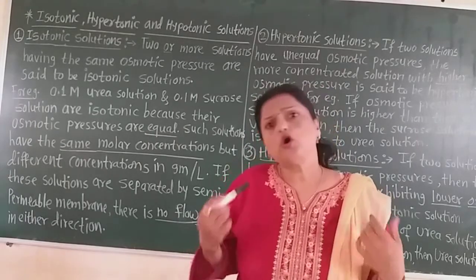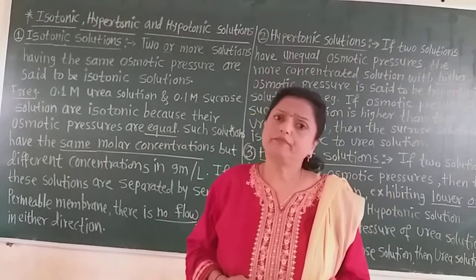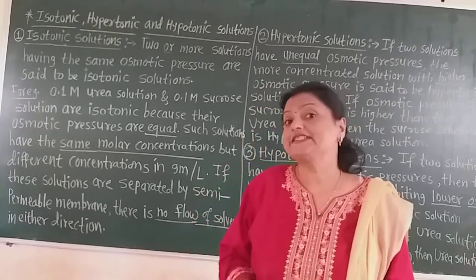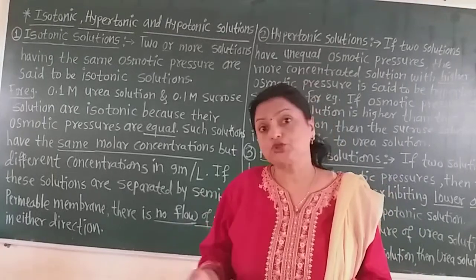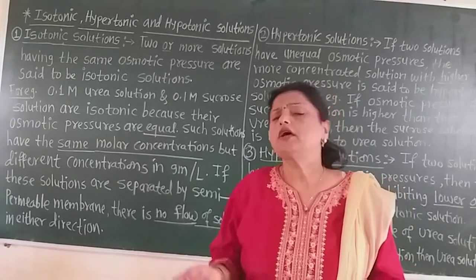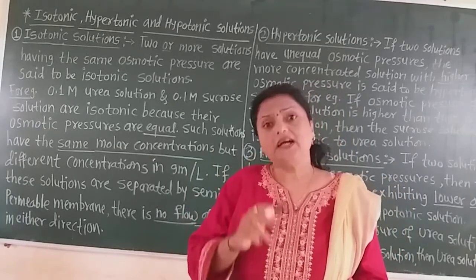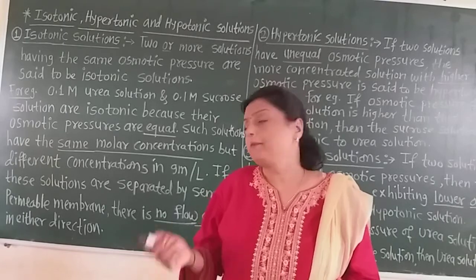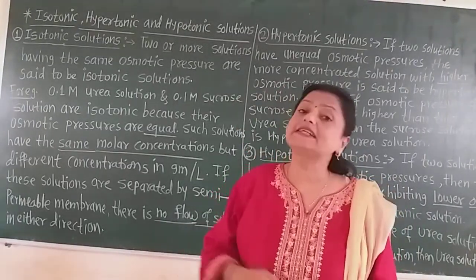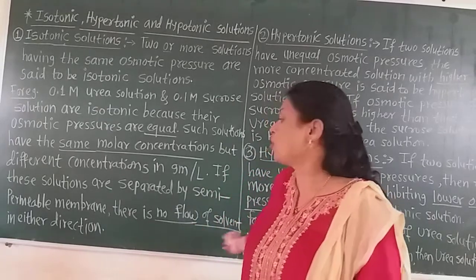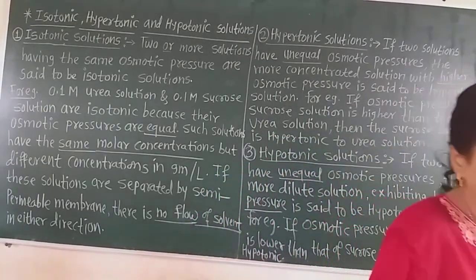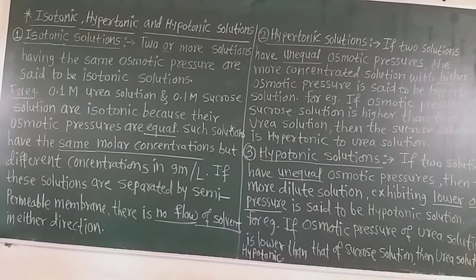We know that during osmosis the solvent molecules pass through the semi-permeable membrane from pure solvent to solution, or from the dilute solution to the concentrated solution. But as the molar concentrations are same and osmotic pressures are same, there is no flow of solvent in either direction. That is the peculiarity of the isotonic solution.